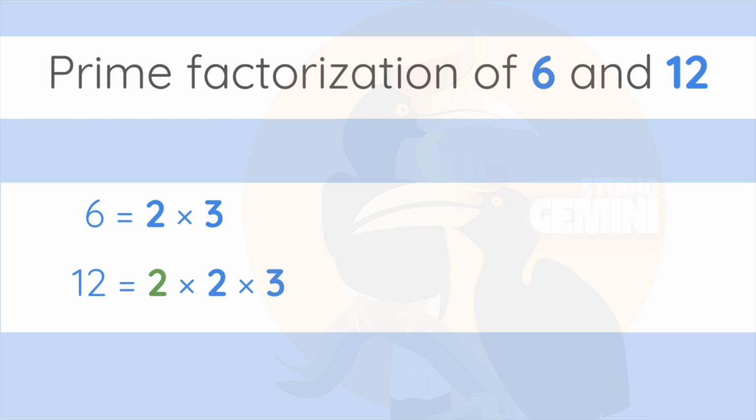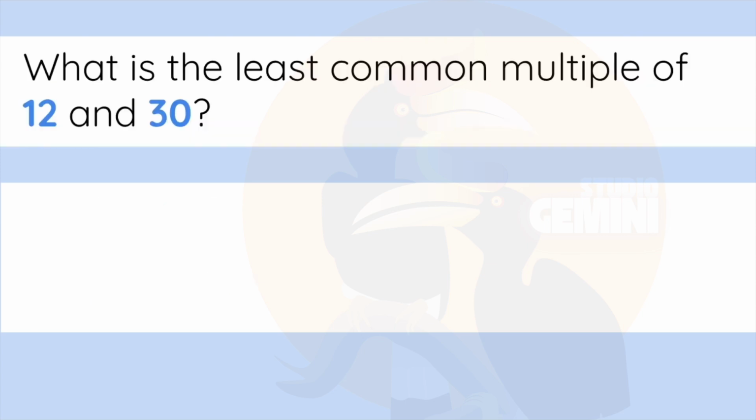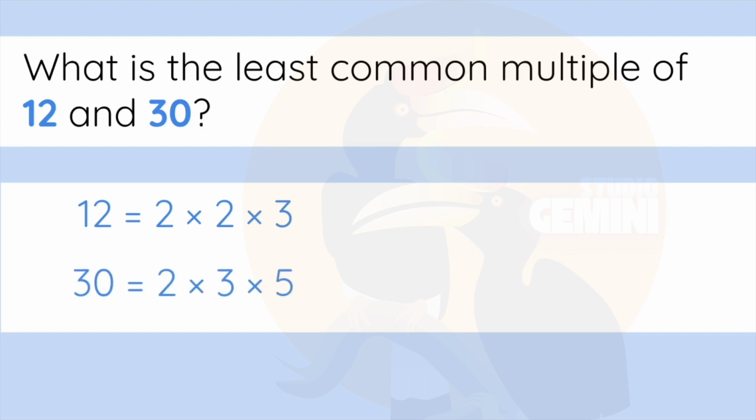Let's look at an example of how to use this to calculate the least common multiple of two numbers. What is the least common multiple of 12 and 30? To begin, we can write the prime factorization for each number. 12 equals 2 times 2 times 3, and 30 equals 2 times 3 times 5. Now, we are going to create a new number that will be the least common multiple of both 12 and 30.